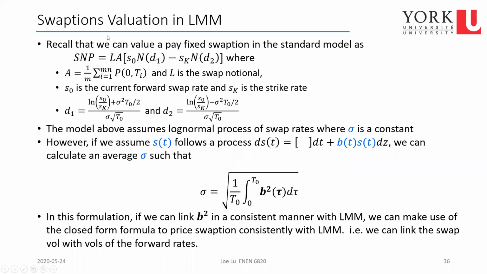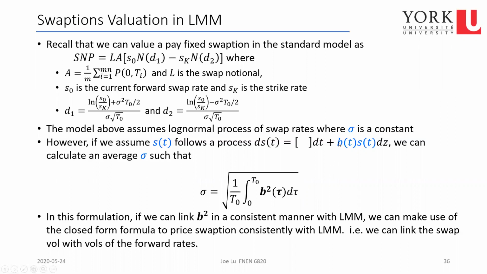Now, in order to have this closed form formula, we require this volatility term here being a constant times this swap rate here. But if we relax that a little bit and not have a constant, but have a function of time, we can still calculate a constant parameter, in the sense that if we can calculate a square root of this integral here.